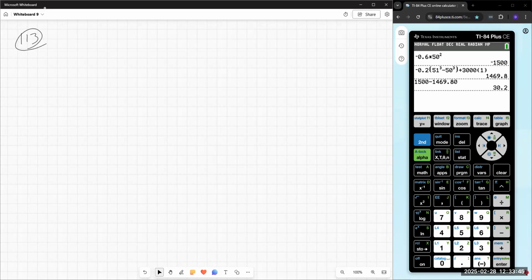says the profit in dollars for a company producing x units is given by P equals negative 0.8x squared plus 324x minus 2,000. Oh, yeah, this is marginal analysis.